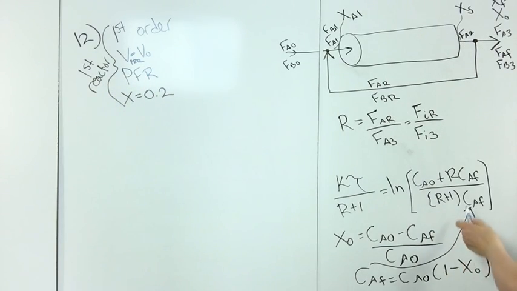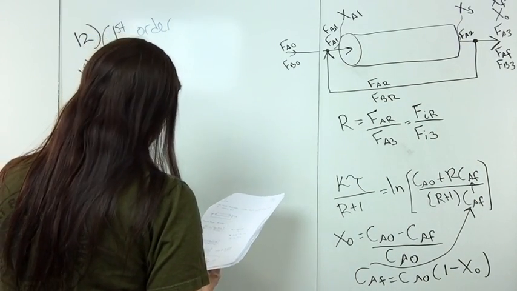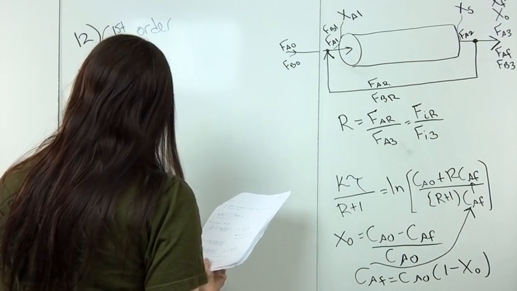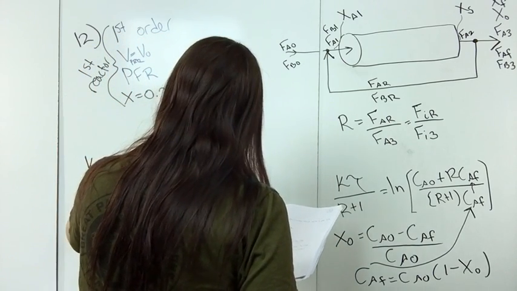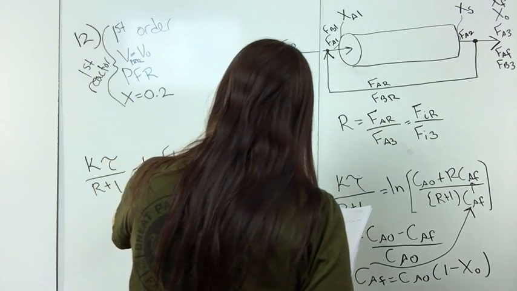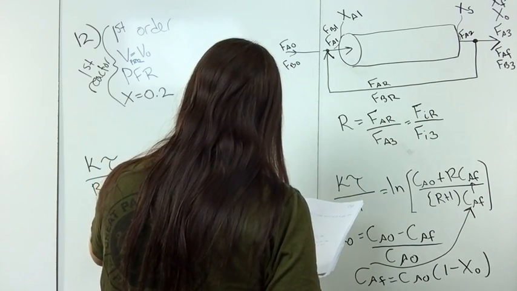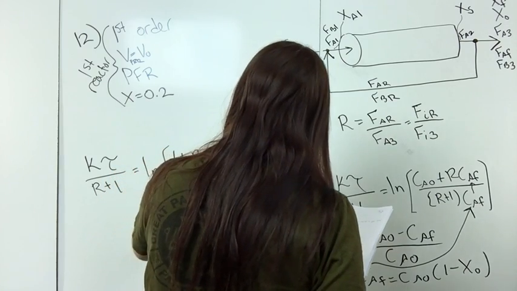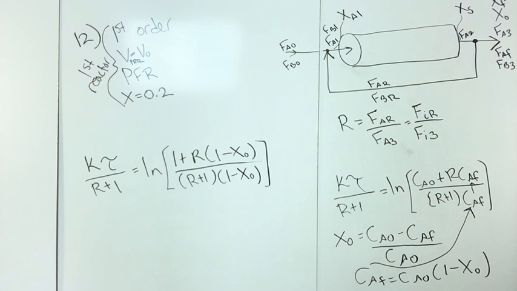So if you plug CAF into here and do some math, you end up with an equation that looks like K tau over R plus 1 is equal to the natural log of (1 plus R times (1 minus X naught)) over (R plus 1)(1 minus X naught). So then you don't need CA naught because it cancels out.